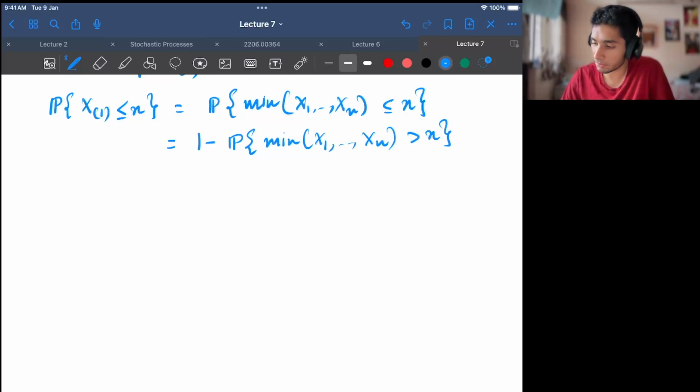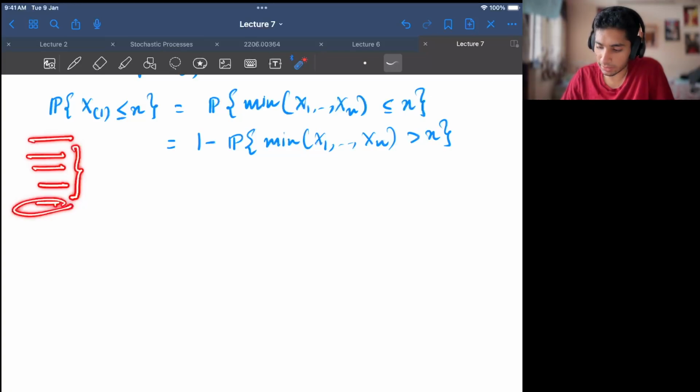If the minimum value of x1, x2 till xn is greater than x, that means that each one of them has to be greater than x. It's like saying that this is some minimum value, and all the random variables are above this value.